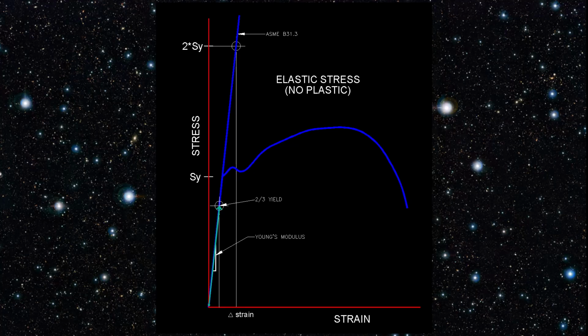The strain cannot produce a stress greater than 2/3 yield for sustained stress, again, being pressure or weight. Next, from the 2/3 yield point on the stress-strain line, we go straight down to where we will find the actual strain that caused the 2/3 yield stress, which is the maximum strain allowable.